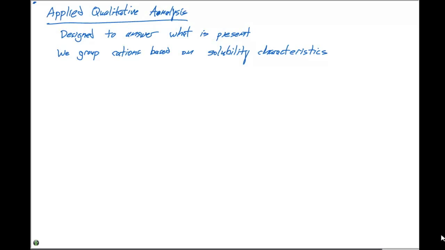And if you look in the textbook at the end of chapter 17, you'll see that we typically have roughly 5 groups.